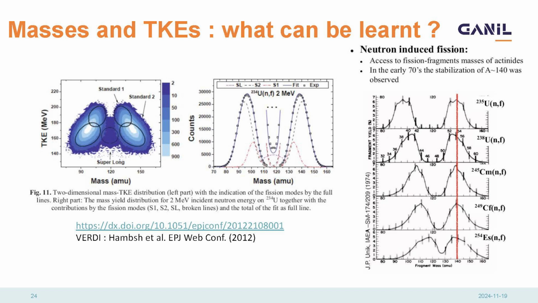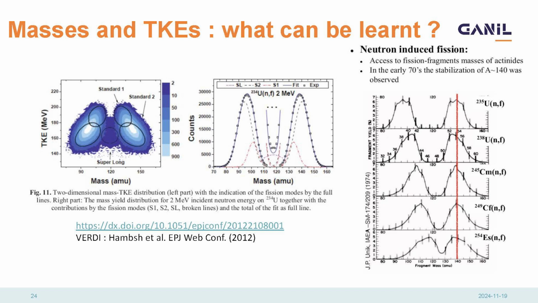I remind you that when I showed the total kinetic energy dependence as a function of mass, we can already start to get some idea about the configuration at scission: what the shapes are, how the two fragments are separated. And this kind of information was used to develop a way of seeing fission as different fission modes, which follow structural effects or shell effects.